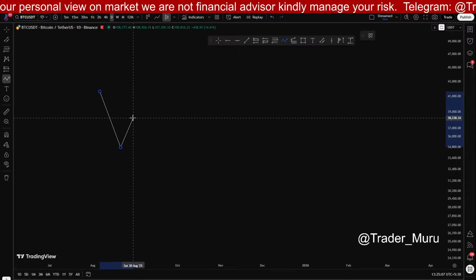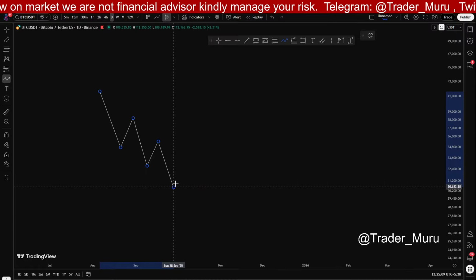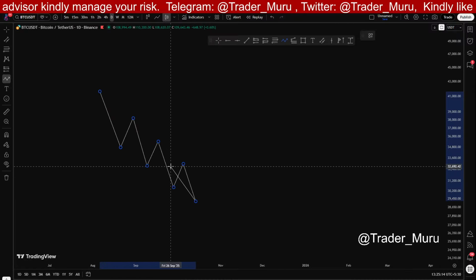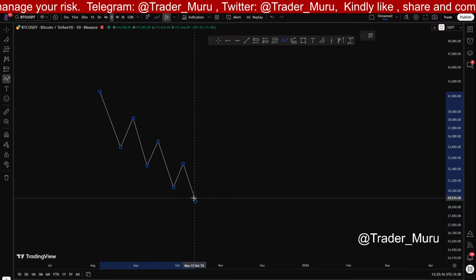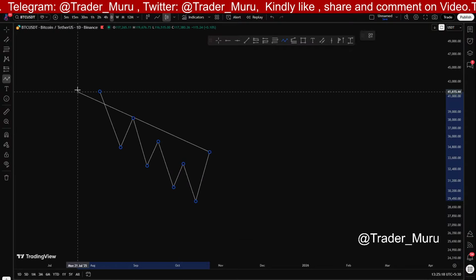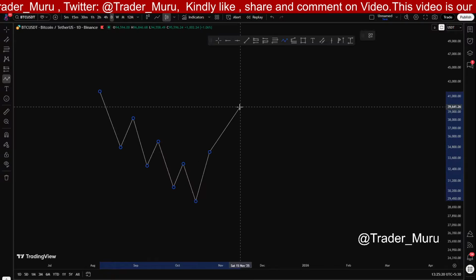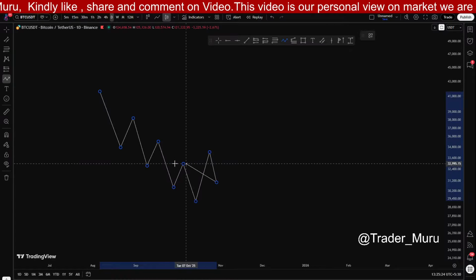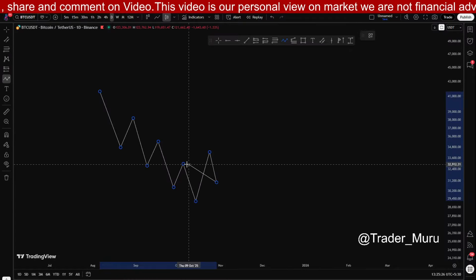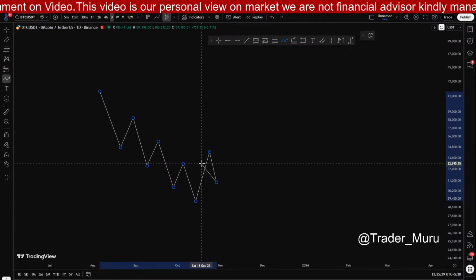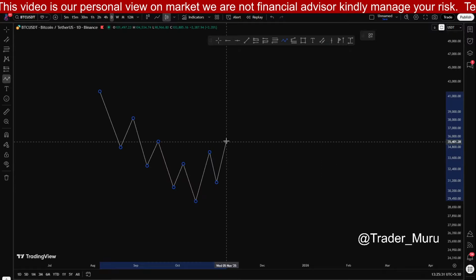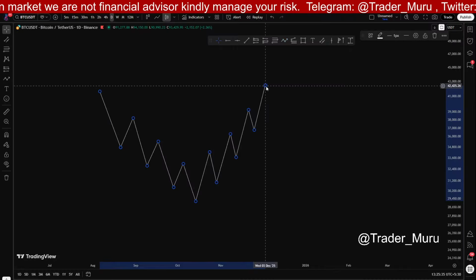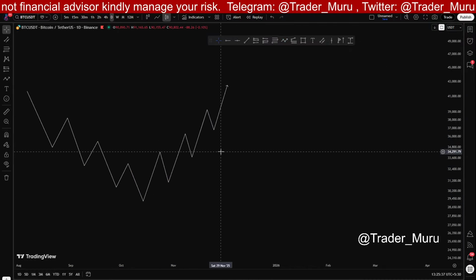If the market is in a downtrend, then I only need one candle closing below this low to continue this trend. But to change this trend to an uptrend again, I need two candle closings to invalidate this high. I need two candle closings above this high, then a retracement, then I can say the trend has changed and it will go for reversal.